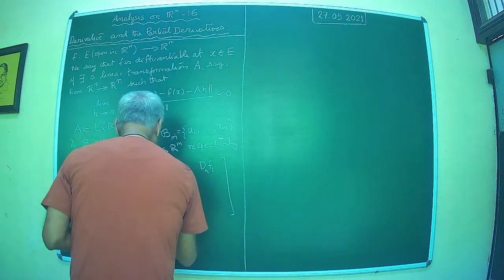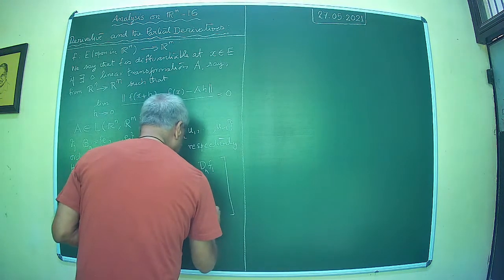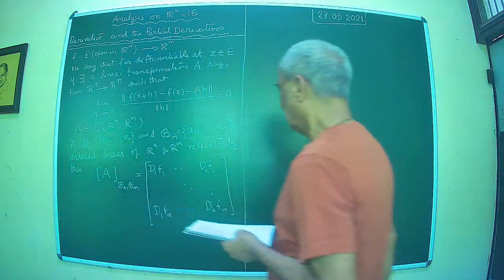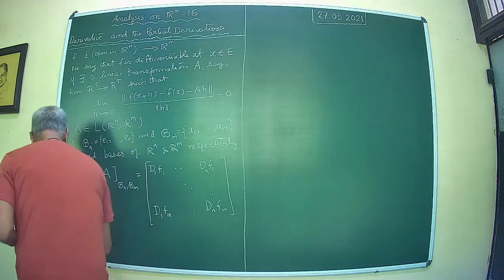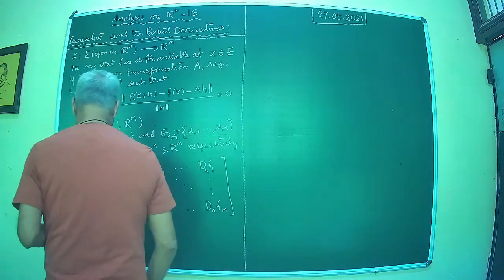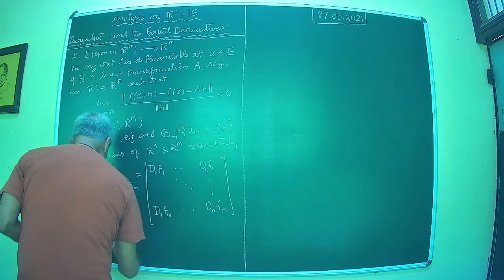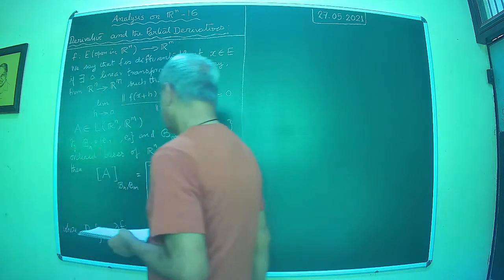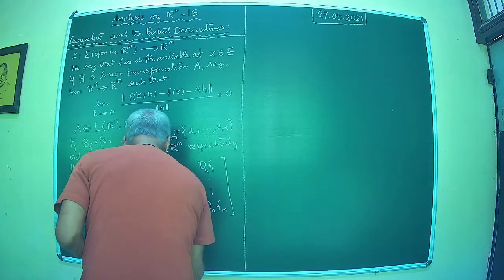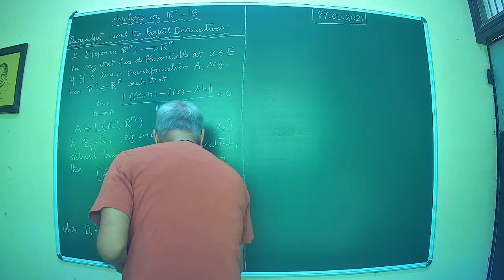So you have d1 fm, where difj is equal to dfj by dxi, i running from 1 to m, j running from 1 to n.